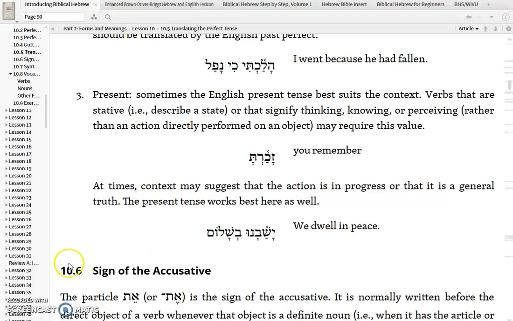Well, anyway, the perfect basically means completed action. In the prophets, it can even mean future. It's completed in the mind of the prophet, called a prophetic perfect, or a perfect of future reference. I'm sure we'll refer to that sometime later in the grammar. And so it's a rather odd language where the same form can be translated past, present, or future, depending on exactly what the context is. But the more basic idea is completed action, and for practical purposes, you should generally translate it as some sort of a past tense in most of your exercises.